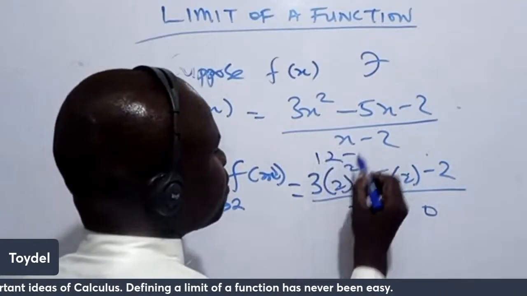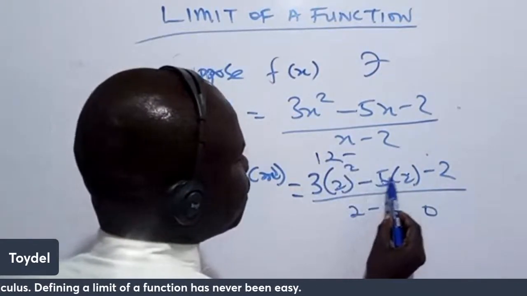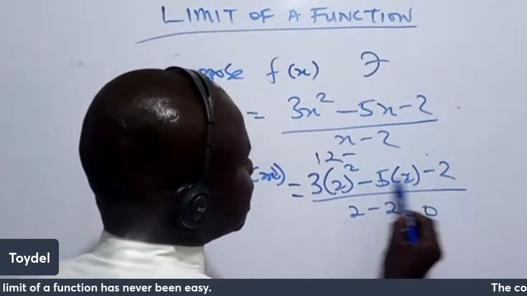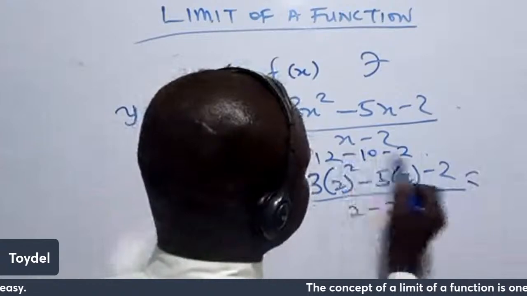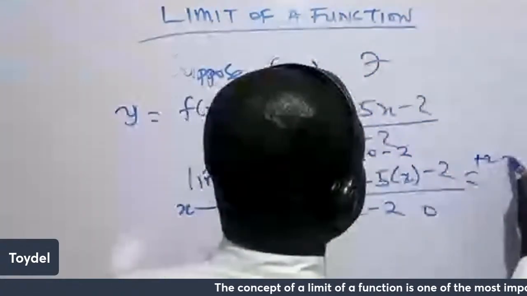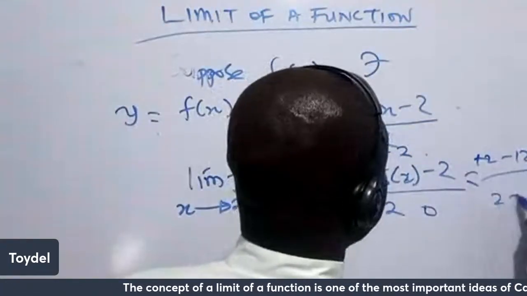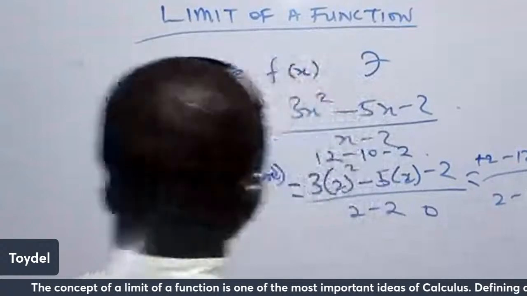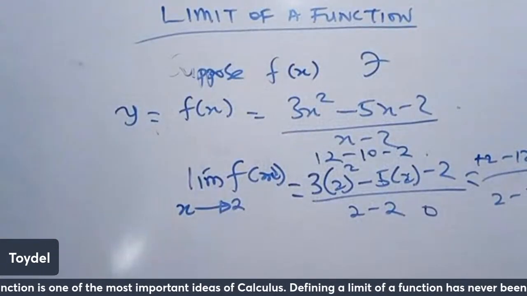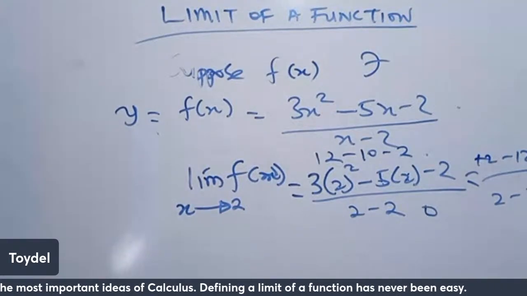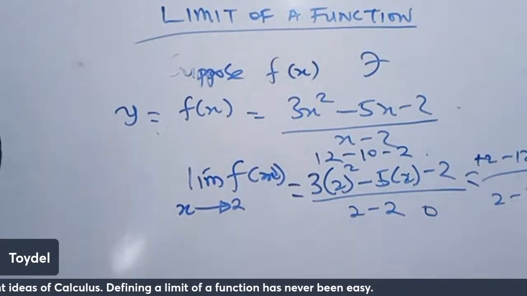Here will be 12 minus 5 times 2, that's 10, minus 10, minus 2. At the end of the day, we have 12 minus 12 all over 2 minus 2, and that will be 0.